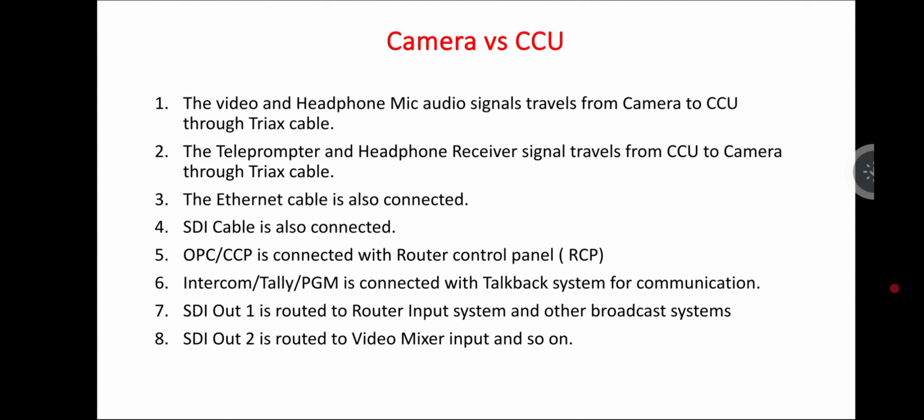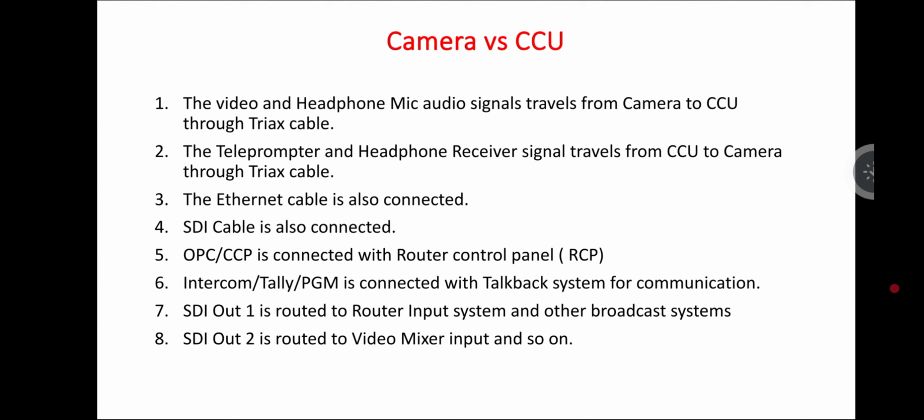So here the triax cable is common. Okay, so the signal is bidirectional. The Ethernet cable is also connected. SDI cable is also there. We have already discussed OCP and CCU, the open platform control with router, connected with the router control panel RCP.